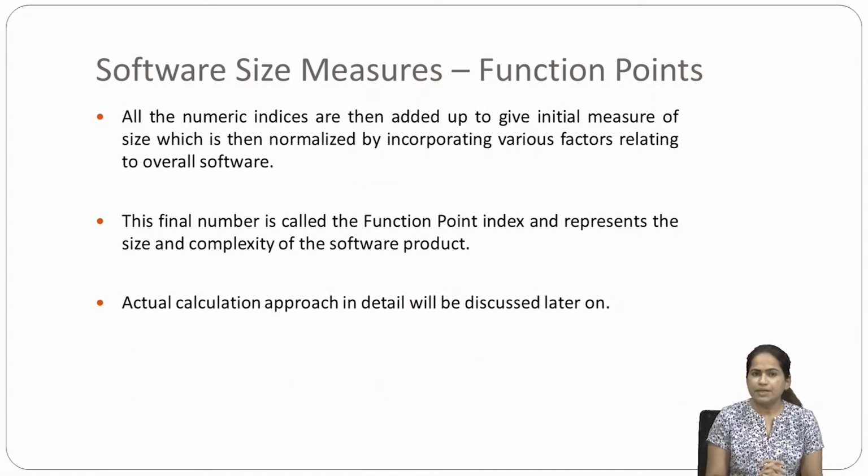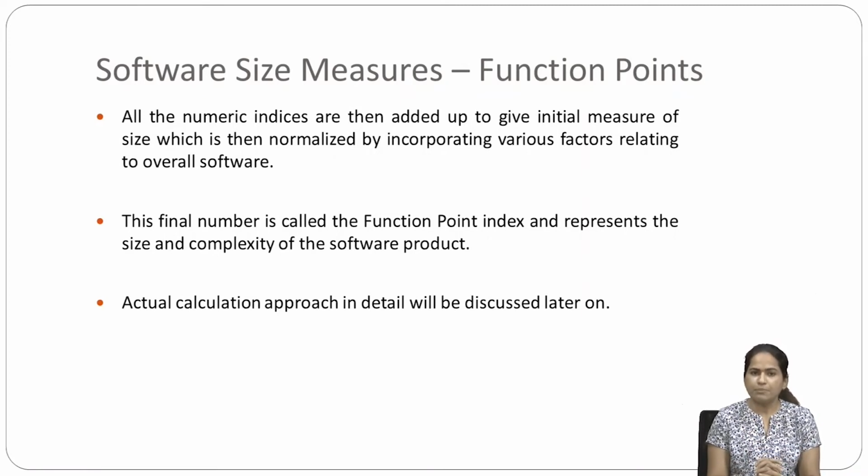All the numeric indices are then added up to give an initial measure of size, which is then normalized by incorporating various factors relating to the overall software. Based on that you will have the overall software measurement.